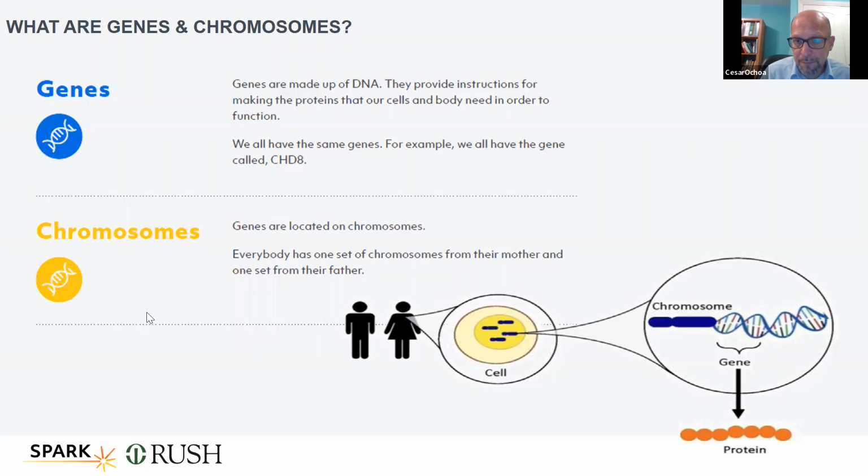So the gene is the really important unit that codes for the proteins. Then we have the chromosomes, and the genes are located in the chromosomes. Everybody has one set of chromosomes from the mother and one from the father. We have 23 chromosomes from the mother and 23 from the father.